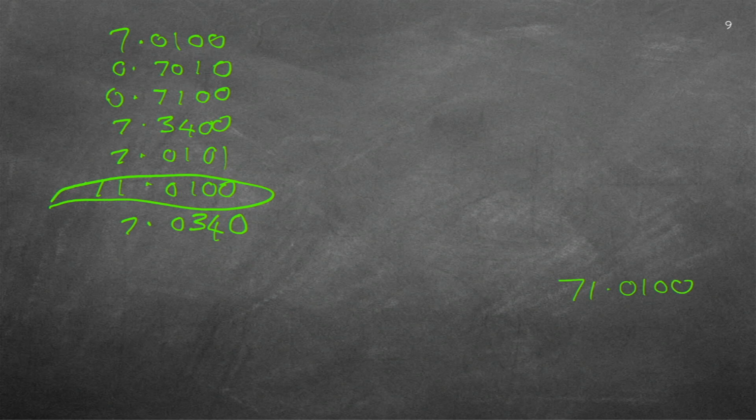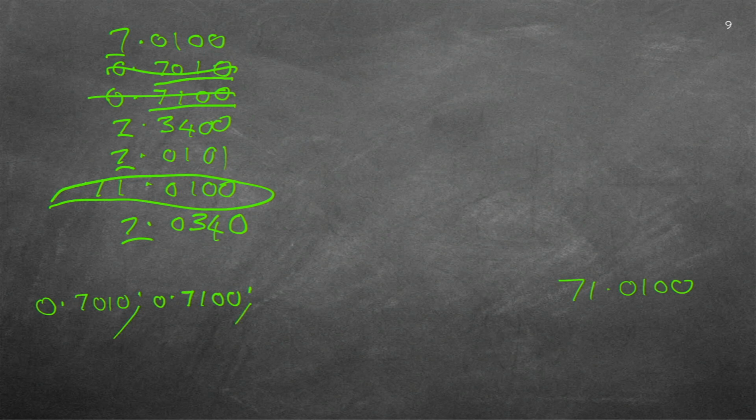And now we've got 2 zeros and 1, 2, 3, 4 sevens. So our zeros are easy. So we look at the 0.7010 and 0.7100. So we know that we're going to start with 0.7010. Then we've got 0.7100. We can scratch them out. Now we've got our sevens.